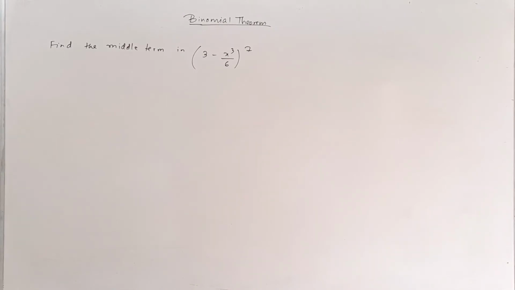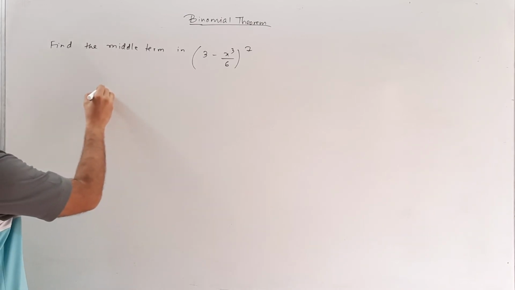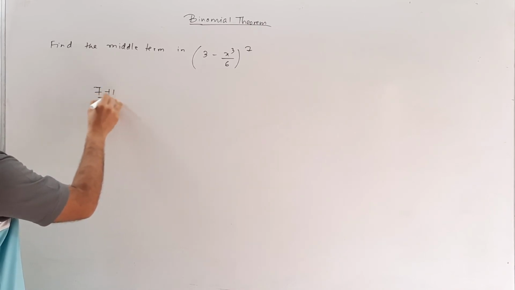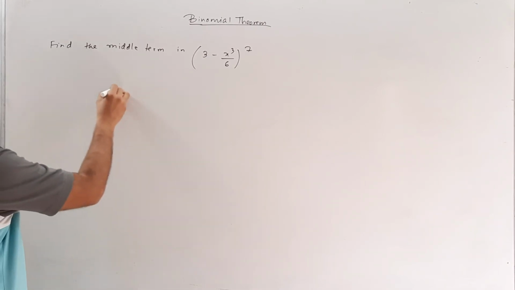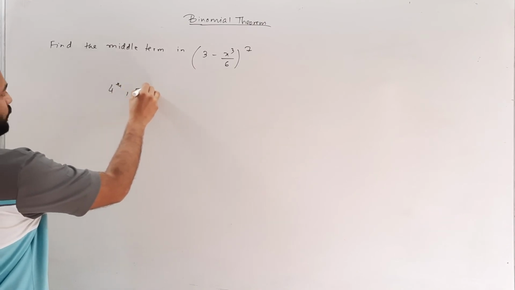Let us find the middle term in the expansion of (3 minus x cube by 6) raised to 7. So here the middle term is going to be (7 plus 1) by 2, that's going to be the fourth and fifth term.